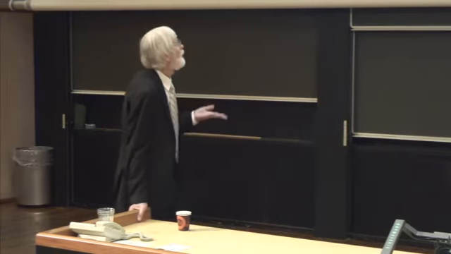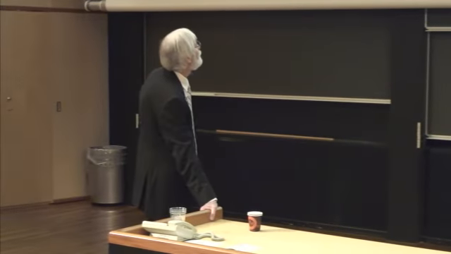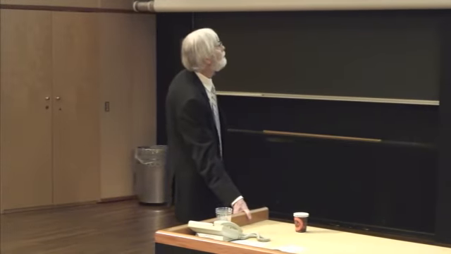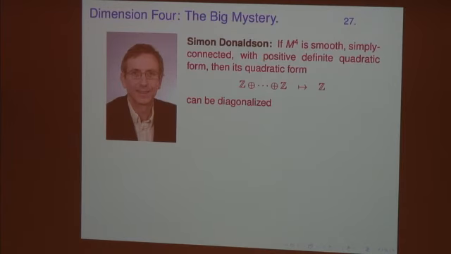And Simon Donaldson was the first to bring in these methods, and he proved a theorem which we can state as follows. Suppose we have a smooth, simply connected 4-manifold with positive definite quadratic form. Then it can be diagonalized, not just over the real numbers, but over the integers.